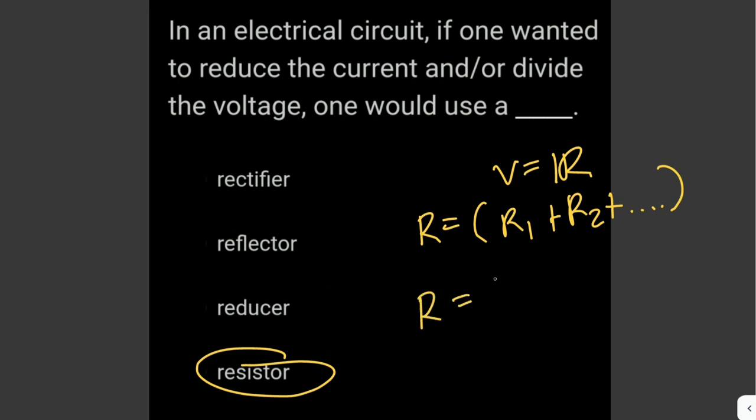We can write it like this. For parallel, it will be 1 over resistor 1 plus 1 over resistor 2, and so on, to the negative 1. Or you can just write it as 1 over R sub 1.